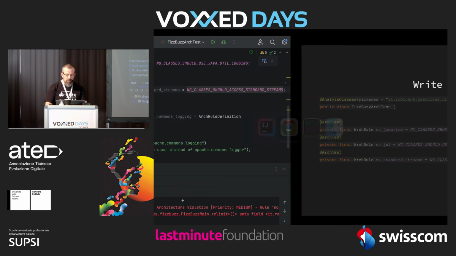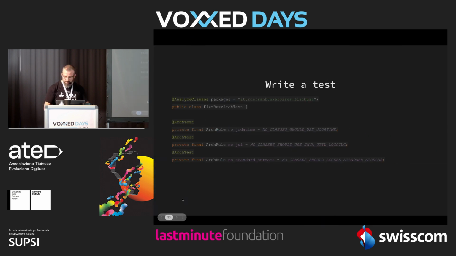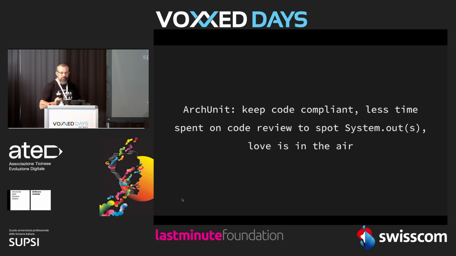You can spend less time on code review spotting system out, because as Venkat said, the scope of a code review is not to blame people about white lines, braces, and that you forgot a system out.